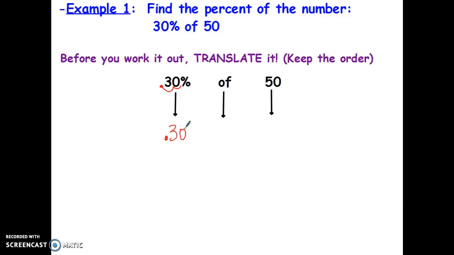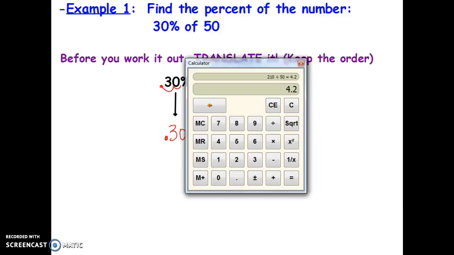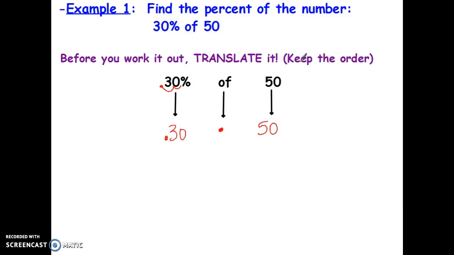Now on the previous page, I showed you that "of" is another way to multiply. And then we have 50. 50 is going to stay the same. So 30% of 50. When we multiply 0.3 times 50, we get 15. So 30% of 50 is equal to 15.